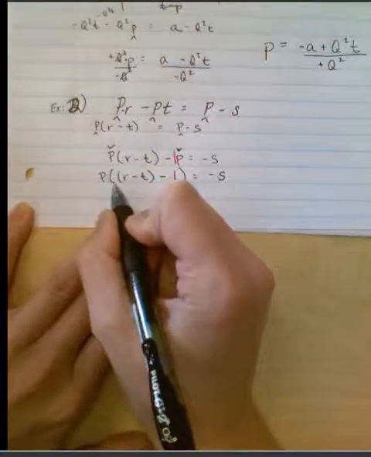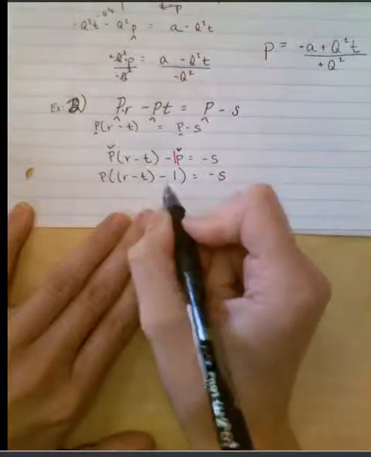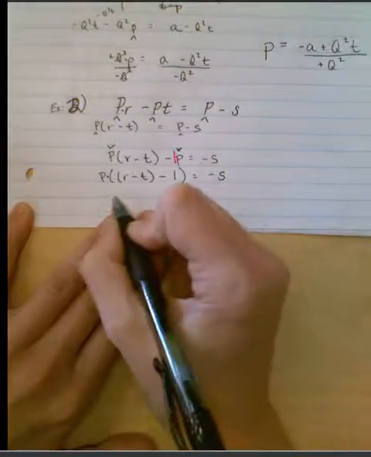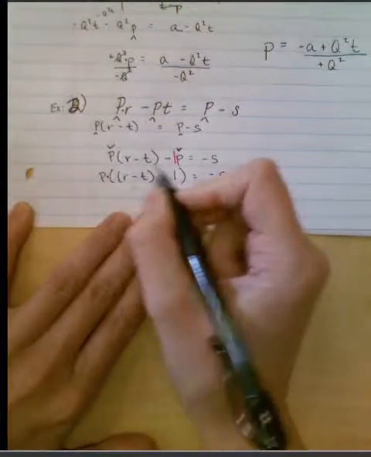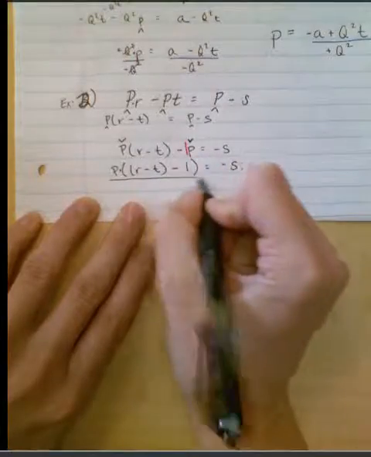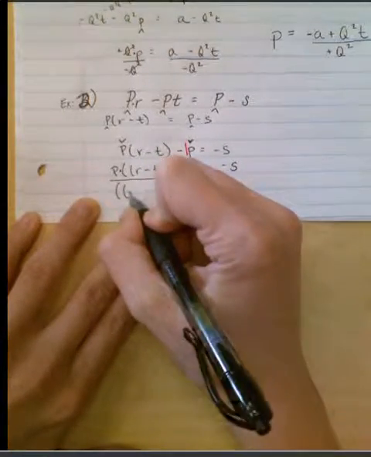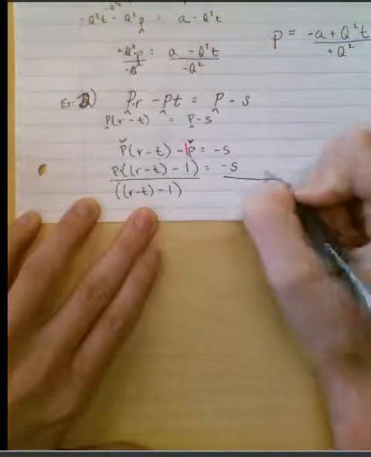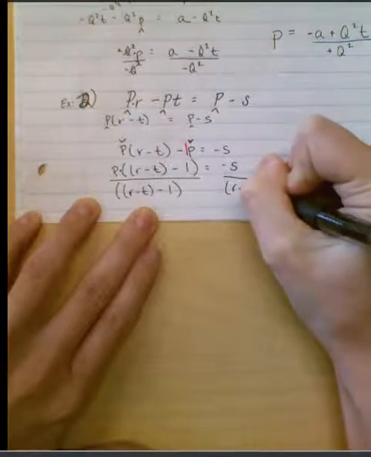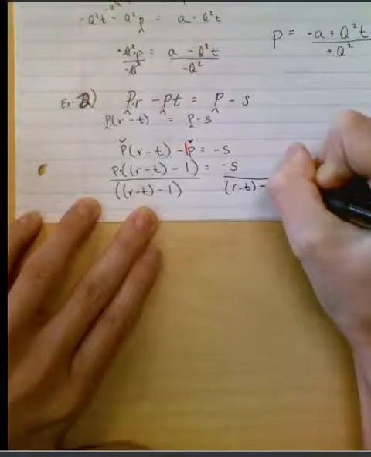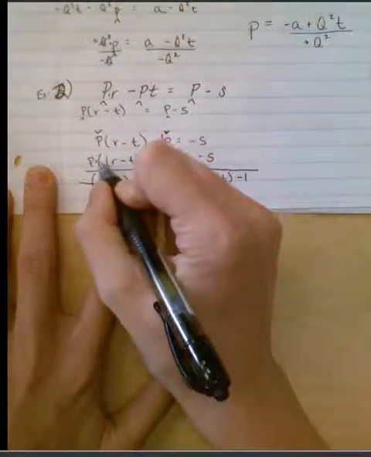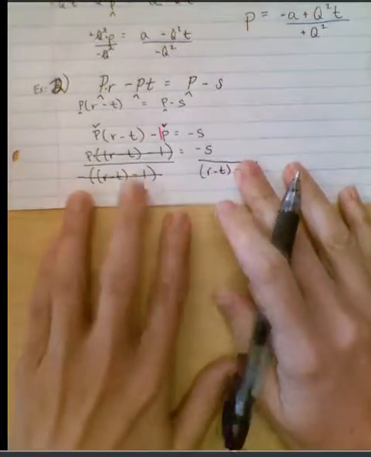And now I'm almost there. I almost have p by itself. I have p times this whole quantity. So if I need to get rid of a whole quantity, I'm just going to divide it all at once as r minus t minus 1. And then same thing over here, r minus t minus 1. And that whole thing will cancel with this whole thing.